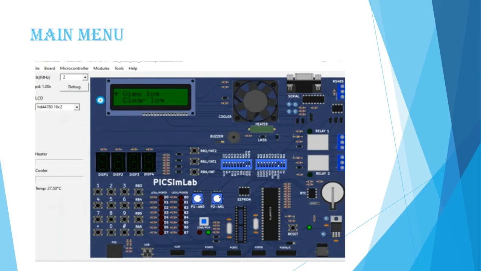The main menu consists of view log, clear log, and change password options. View log displays all the events which were recorded. Clear log helps us in clearing all the events, and the change password option helps us in resetting the password.